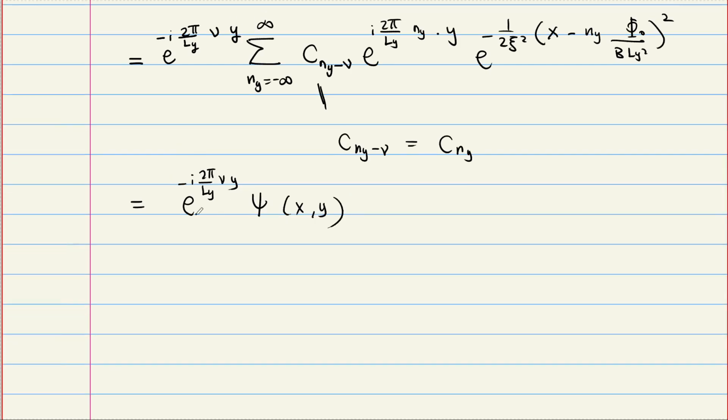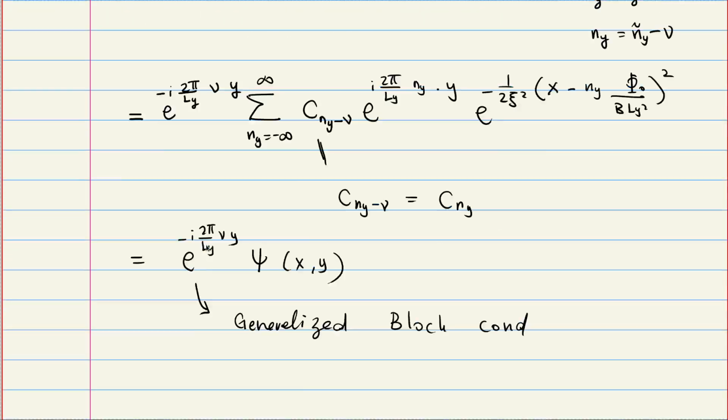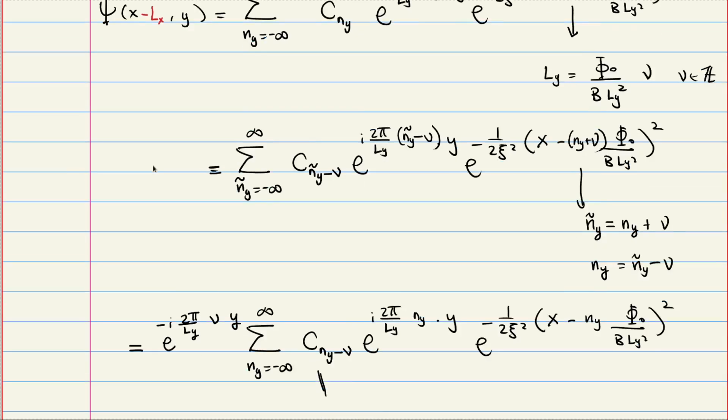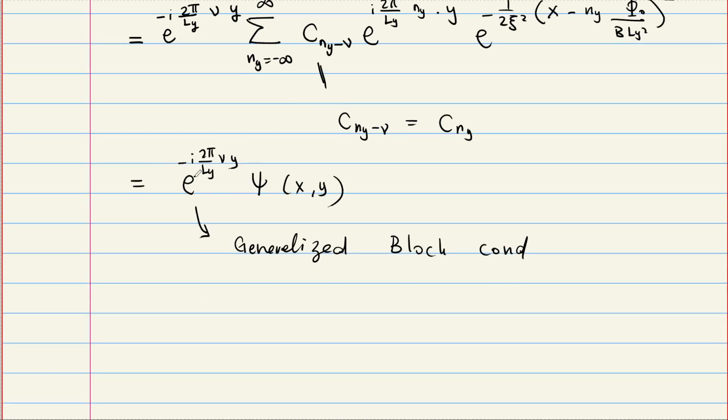Does anybody remember what this factor was? I think it's a little bit technical, so I don't anticipate you to remember, but if you want to see this, this is called generalized Bloch condition. Typically in the Bloch, right, the whole time what we were trying to do is we shift by Ly and try to see how it is related to this, right?